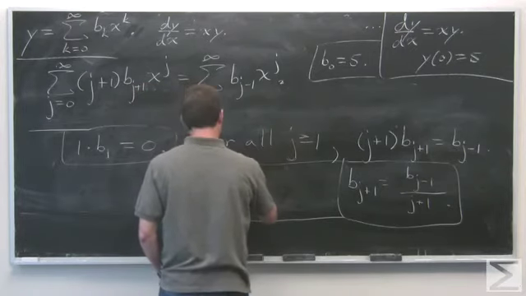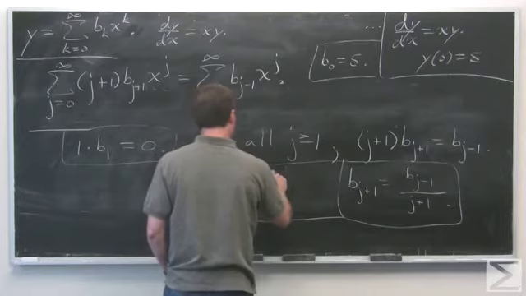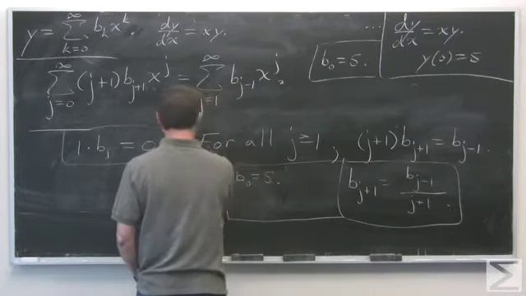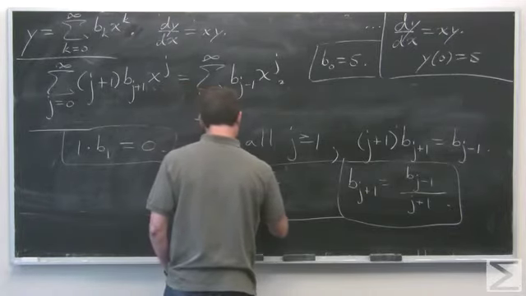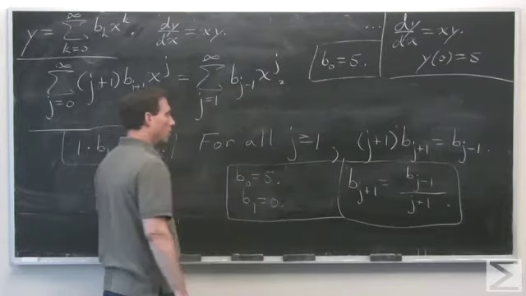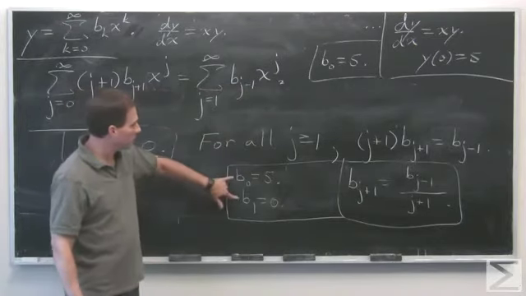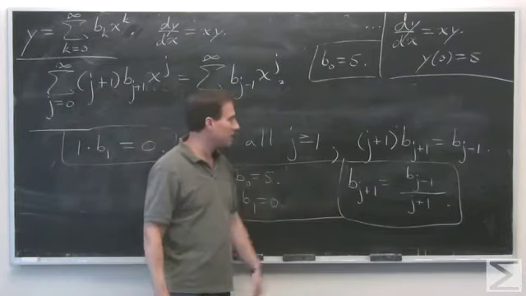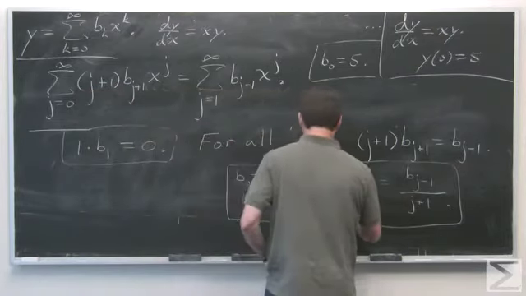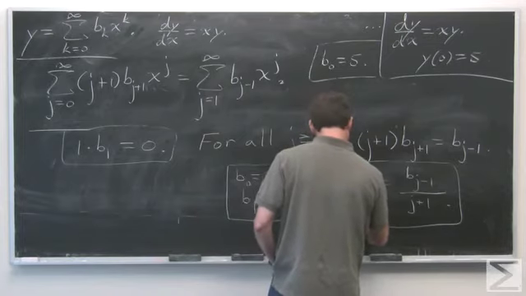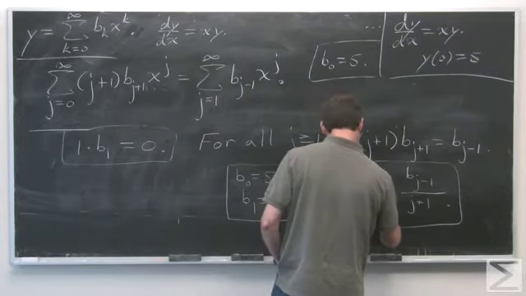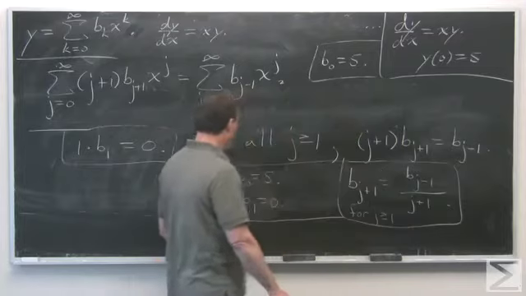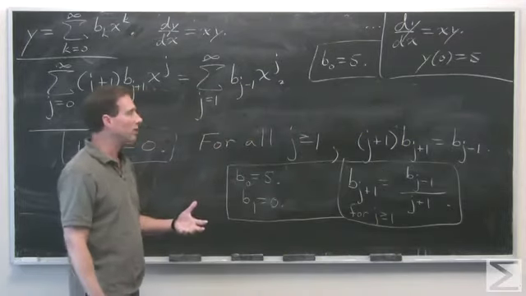Keep in mind we know that b sub 0 is 5, and we also know that b sub 1 is 0. What we hope is that from knowing these two starting b values and having this iterative formula, for j greater than or equal to 1, that tells us what all of the b's are.